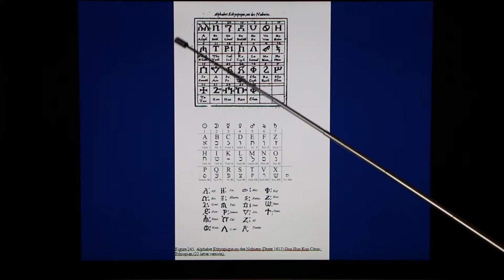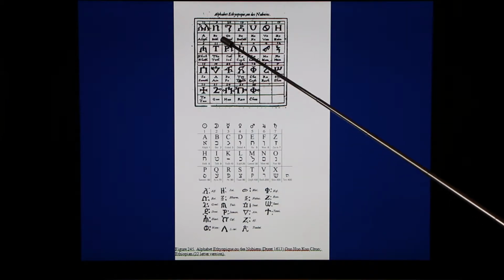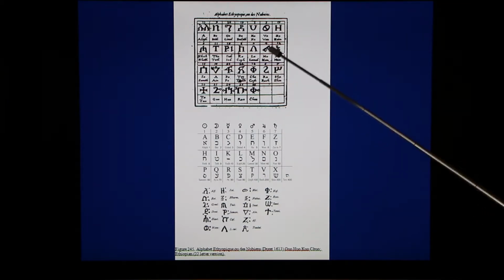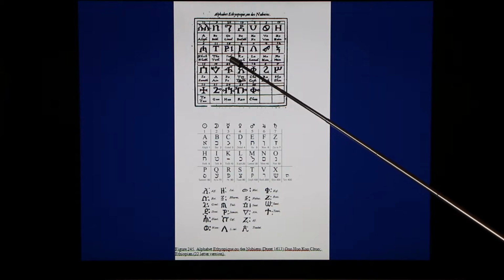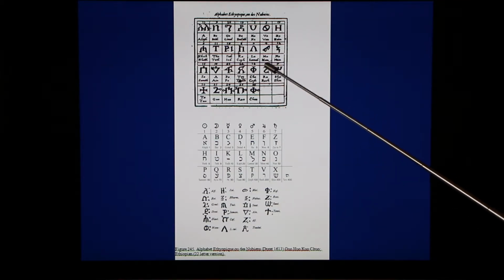But now, if you look at the official sequence, it goes a, ba, ga, da, ha, va, za, ha, ta, ya, ka, la, ma, na. So A, B, G, D, H, W, Z, H, T, Y, K, L, M, N. And this is, of course, the sequence of the Abjad.